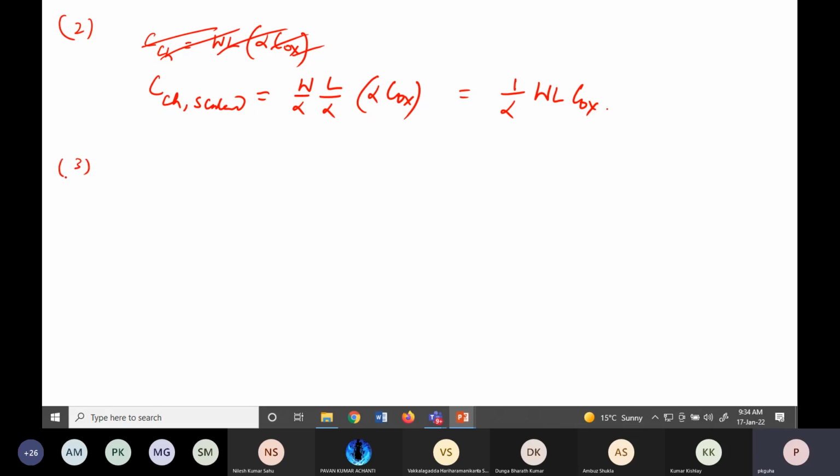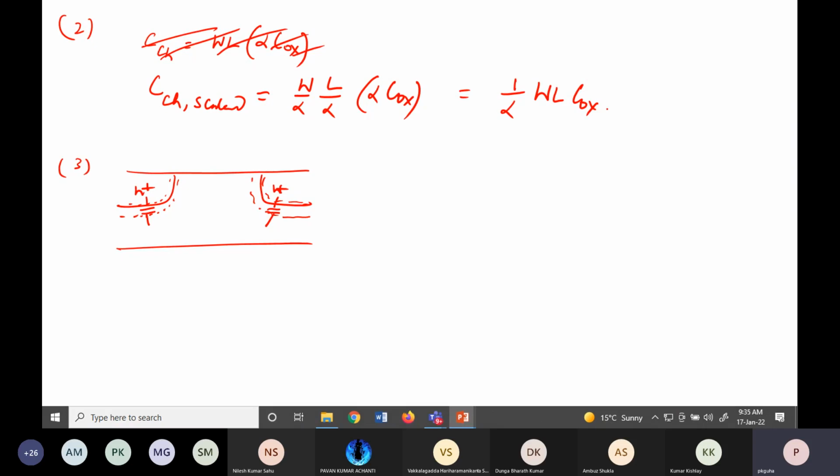You have source and drain junction capacitance associated with the depletion layer, so this will create capacitance. You can calculate it using formulas, where first you have to find out the depletion width.